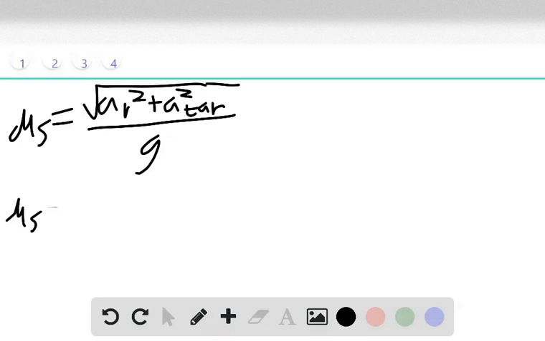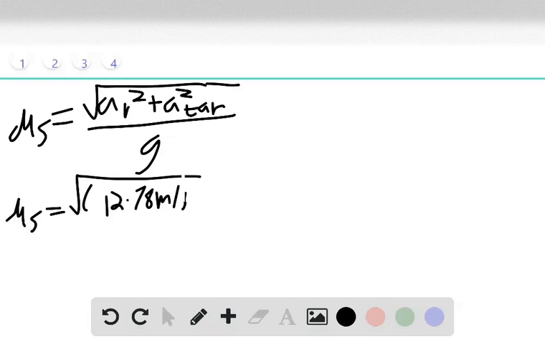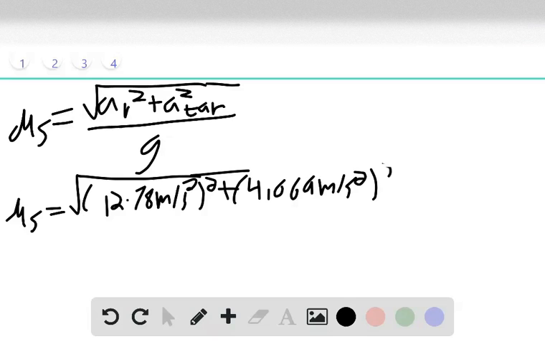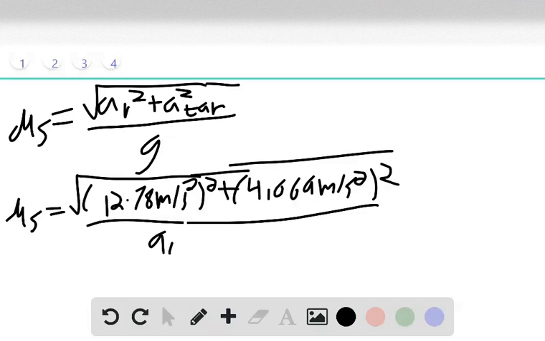Mu_s equals the square root of 12.78 meters per second squared, squared, plus 4.069 meters per second squared, squared, over gravity 9.8 meters per second squared.